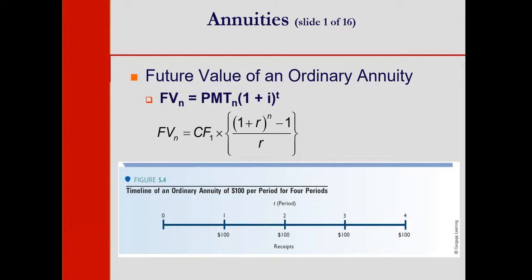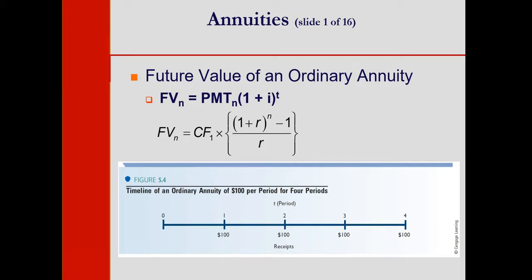So there would be 3 time periods to get this future value. Then for the next $100, there would be two times compounding. For this one there would be 1 compounding, and the future value for the last $100 would stay 100 only, because it is at the same time. We will add all of them together to get the future value of all these 4 payments.